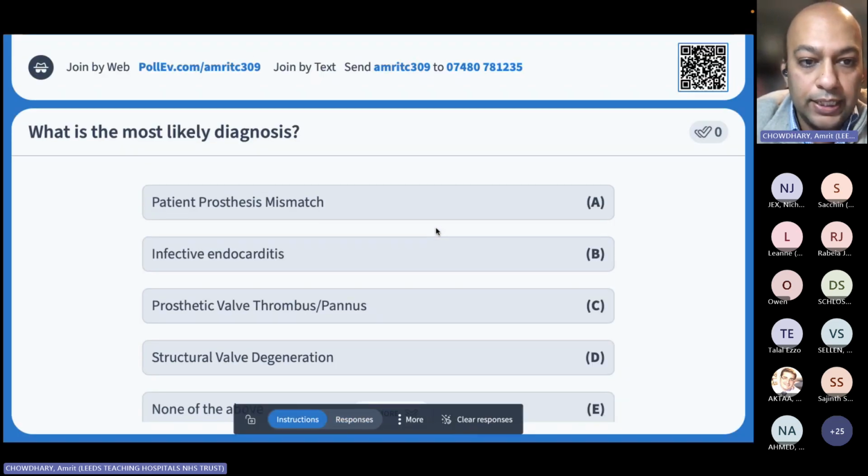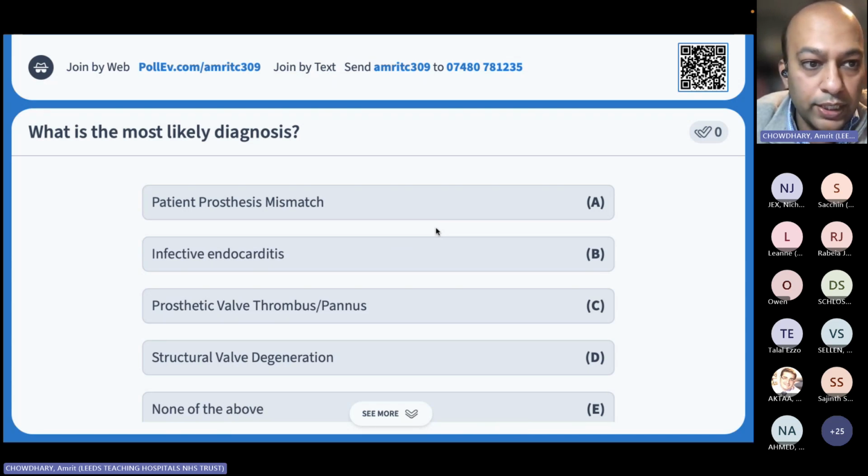This is another question. If you want to answer this, what is the most likely diagnosis? Is it prosthesis patient mismatch, infective endocarditis, prosthetic valve thrombus or pannus, structural valve degeneration, or is it something else, or none of the above? I'll give you a few minutes if you want to vote.